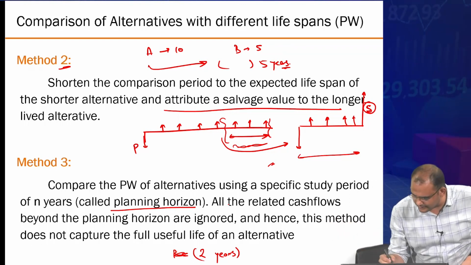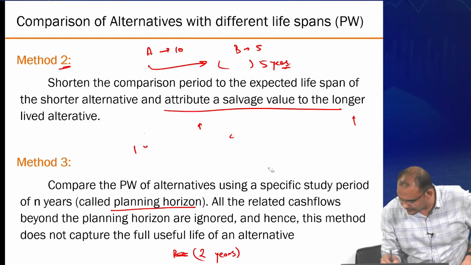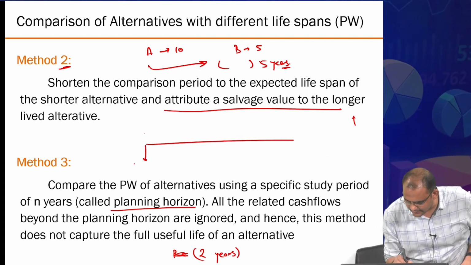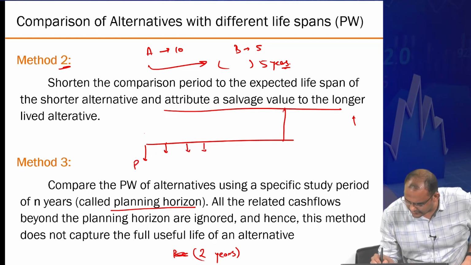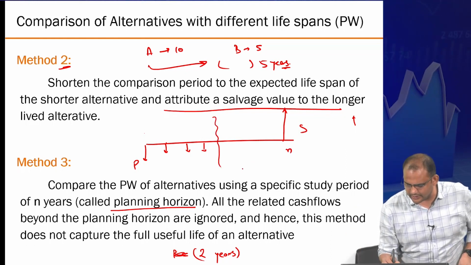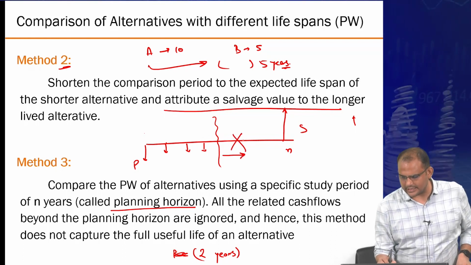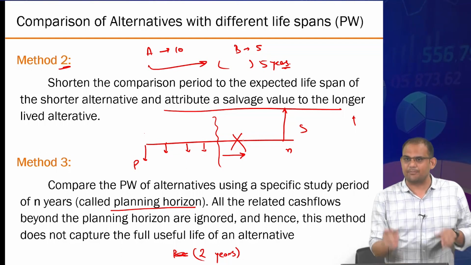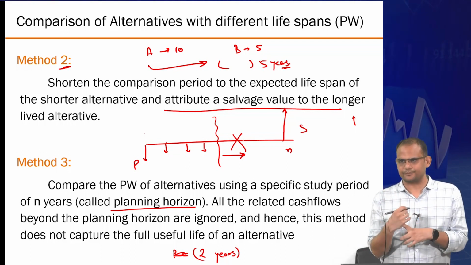So for example, if a particular alternative will make money after some n years, but my planning horizon is only here, I disregard whatever happens in this part of the cash flow series. I only take into account the cash flow series before my planning horizon and then compare the alternatives.